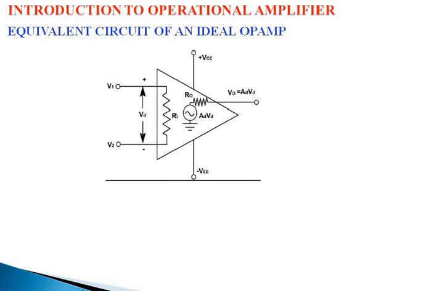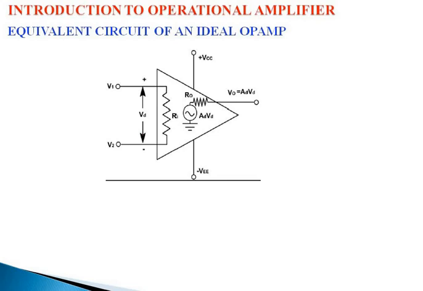We know that for an ideal op-amp, input impedance is infinite, output impedance is 0. And no feedback is given. So the inputs are V1 and V2, output is V0, and the output will be what? It will be amplifying the difference of two inputs, that is denoted by VD.